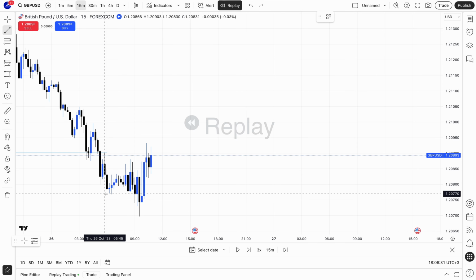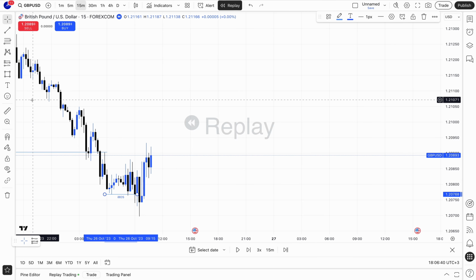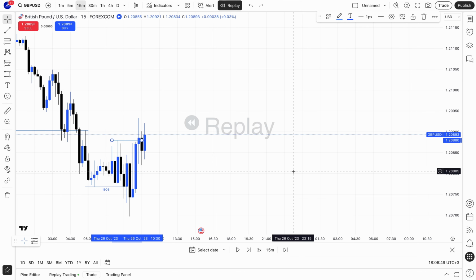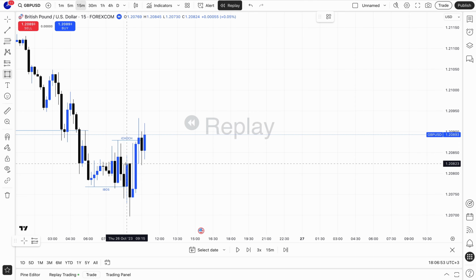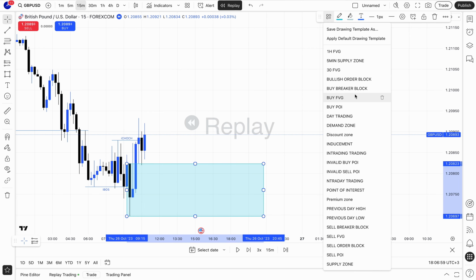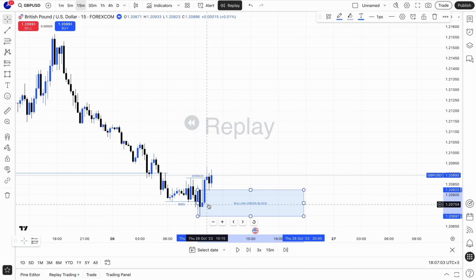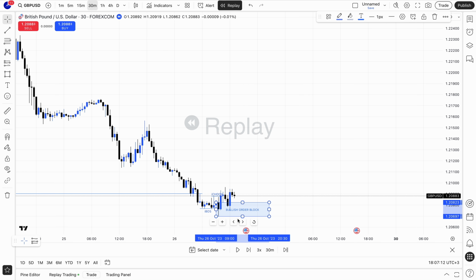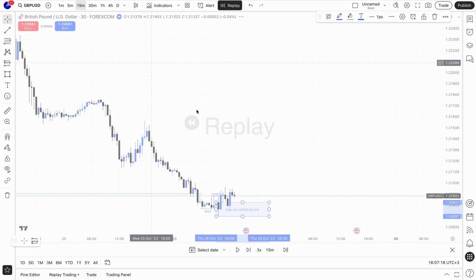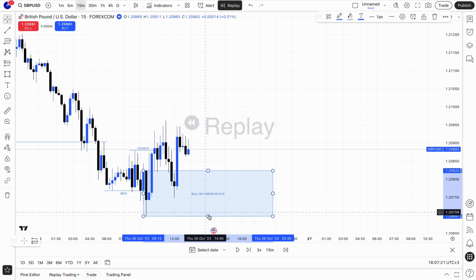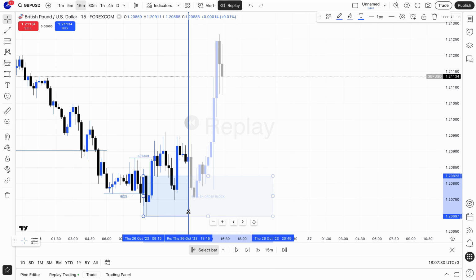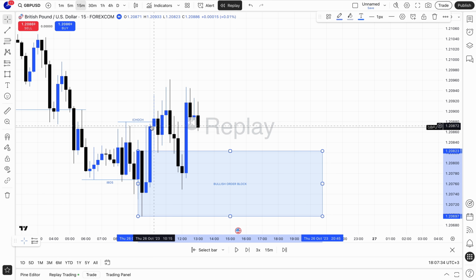Yeah, this was a break of structure. And this was the other block.